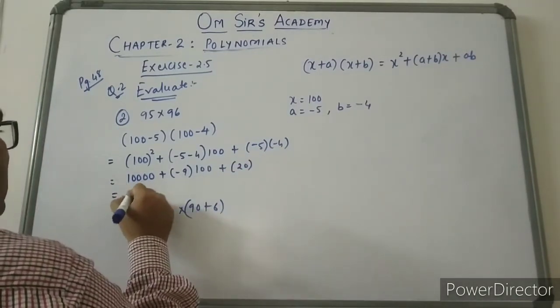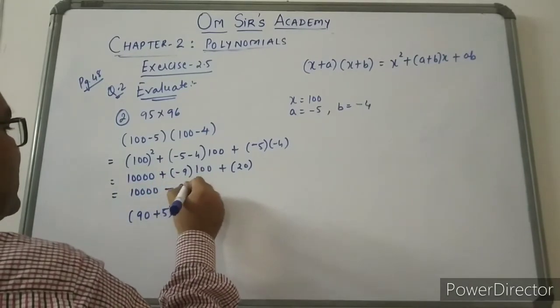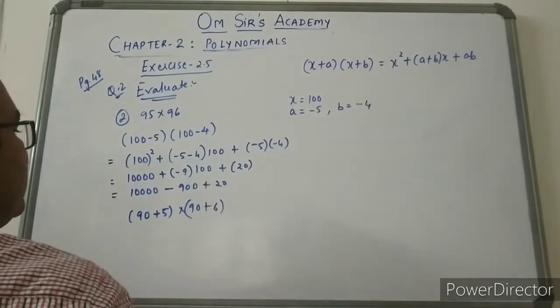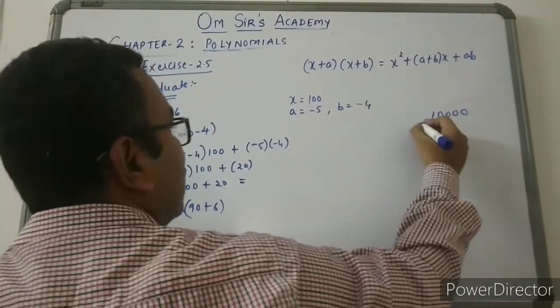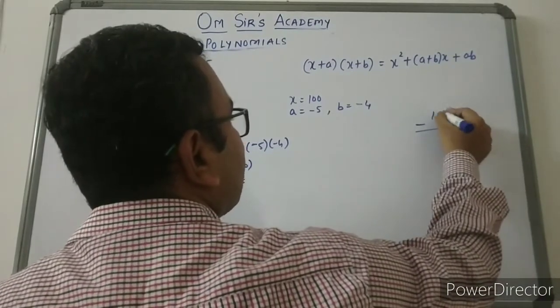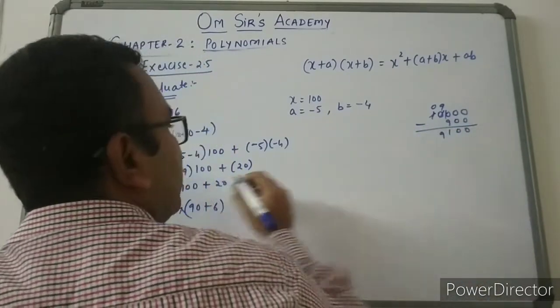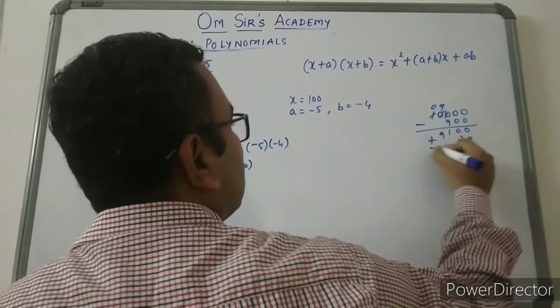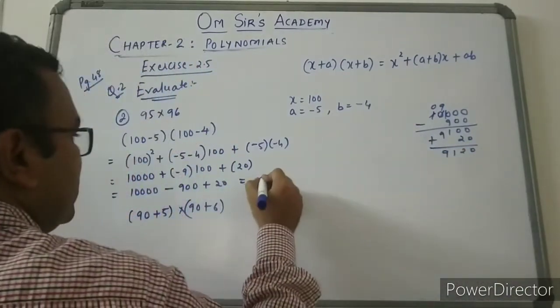So it is 10,000 minus 900 plus 20. So what will be my answer? 10,000 minus 900 is 9100, plus 20. So your answer will be 9120.